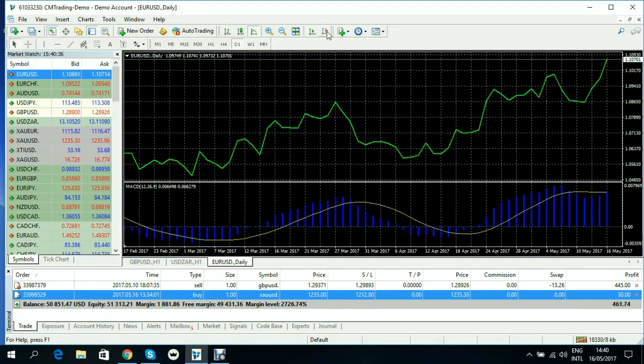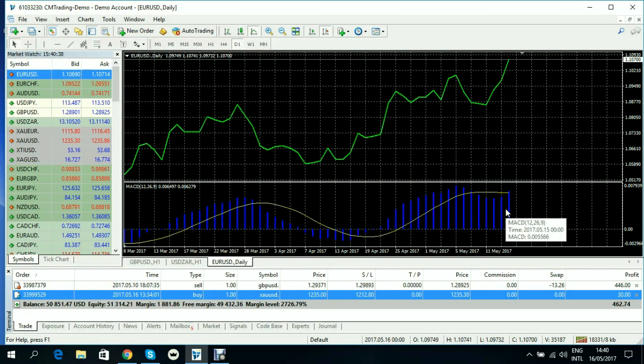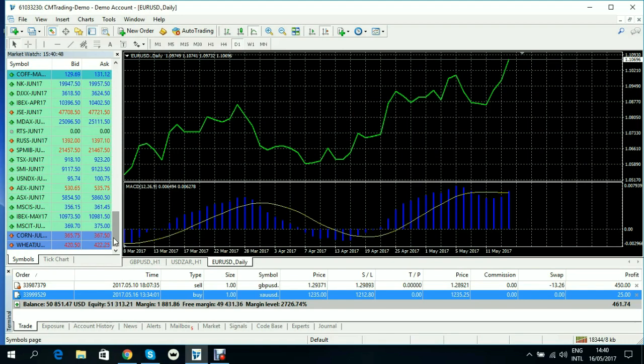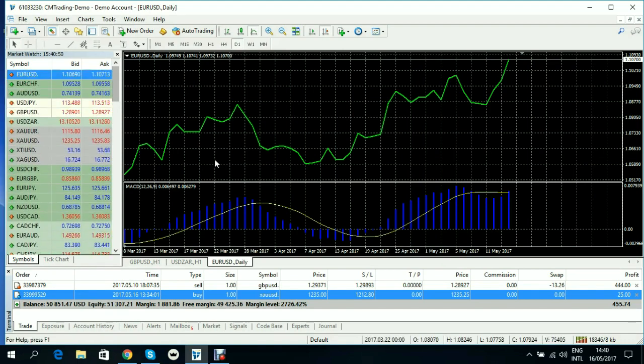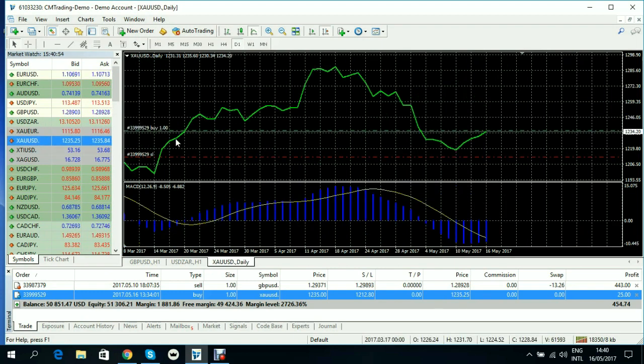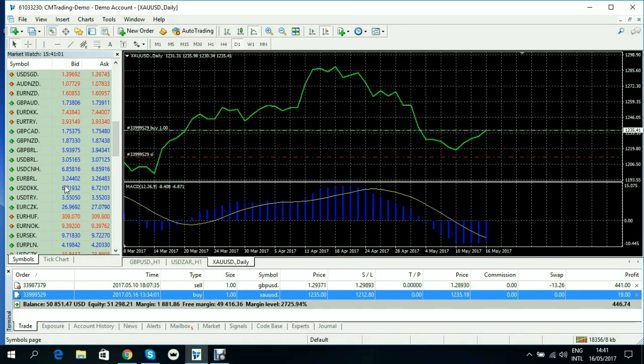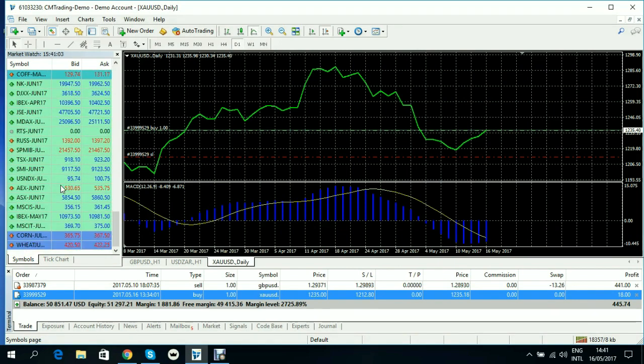It takes practice to perfect this and to use it effectively. The more you practice it, the more you will know. The MACD works the same way on all time frames, be it gold, be it indexes, futures, commodities.